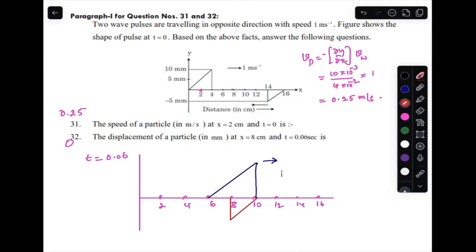At the same instant, due to this it is plus 5 mm and due to this, minus 5 mm. The one which is at x equal to 8 centimeters: they cancel. Resultant is 0. Answer 0. I didn't even do a single calculation in this question. Just applied the concept. Next question.